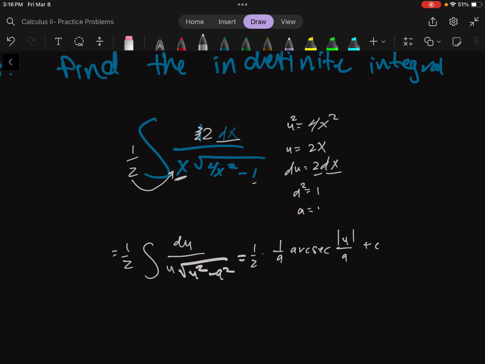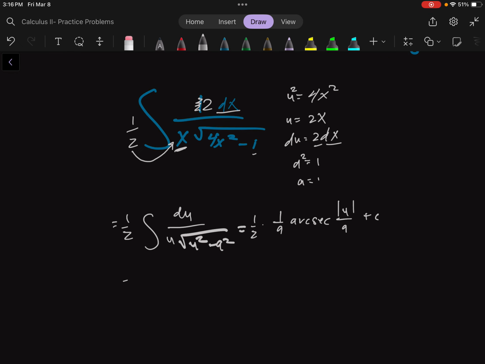We're able to put an absolute value sign there because of cosine being an even function. It just doubles the domain of our answer, basically. But let's see. 1/2 times 1 over a was 1, arcsecant, absolute value of 2x over 1.